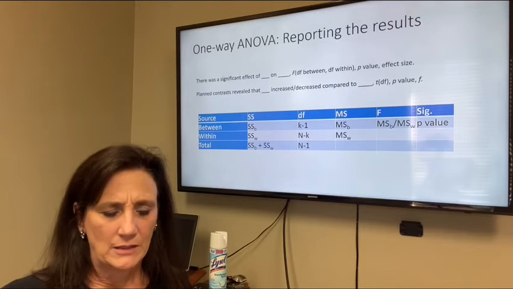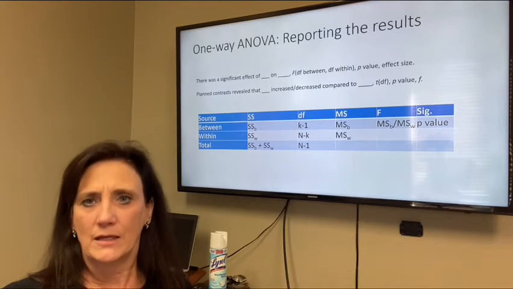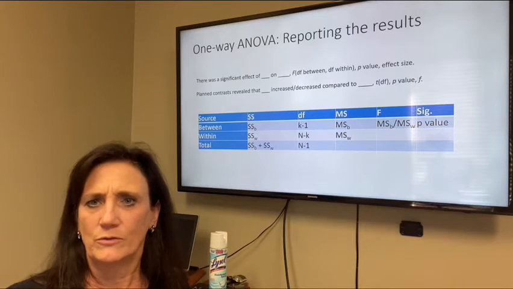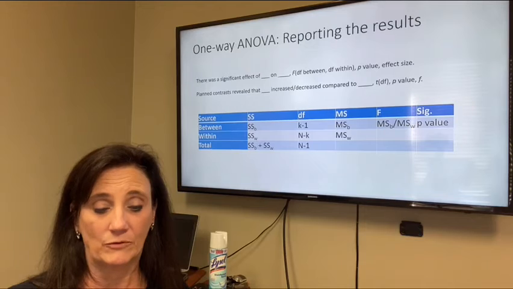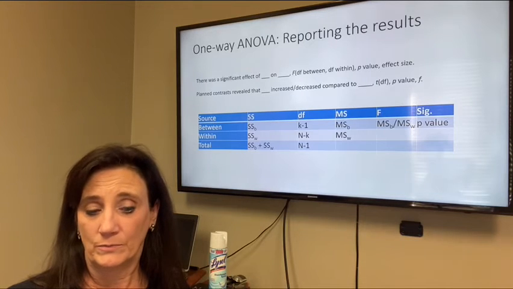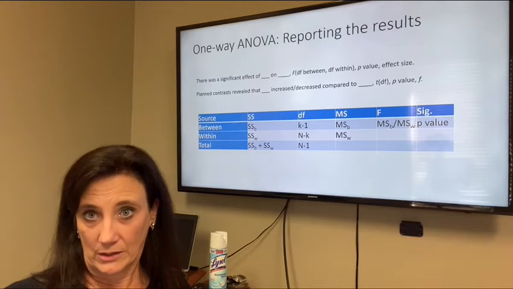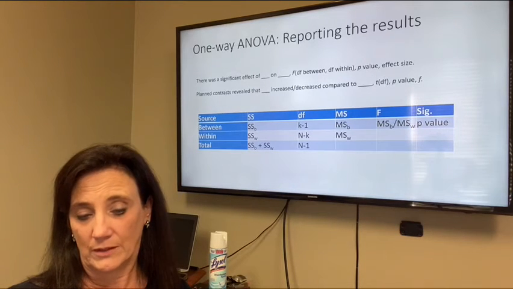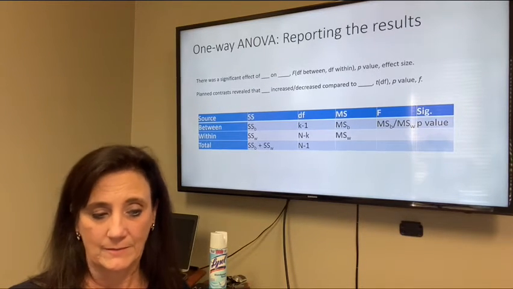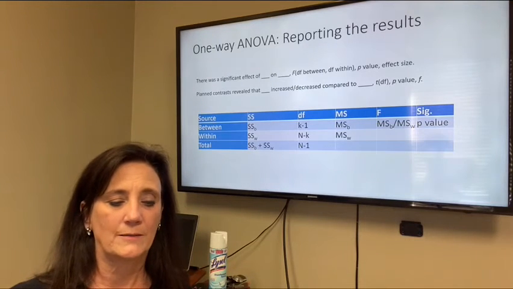We don't have the t-value on any of these slides, but when you run this in ANOVA, you'll find your t-value. So report your t-value with the degrees of freedom, the p-value, your significance level, and the F or effect size for your planned contrast.